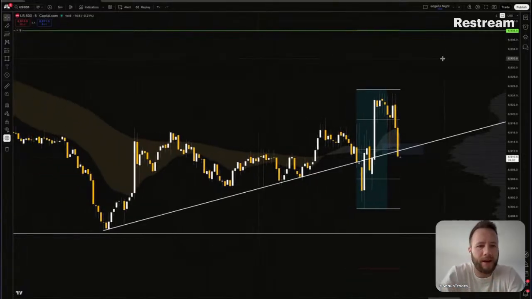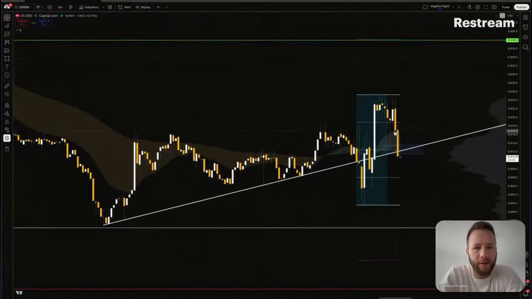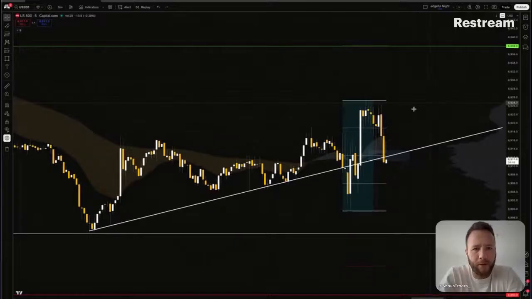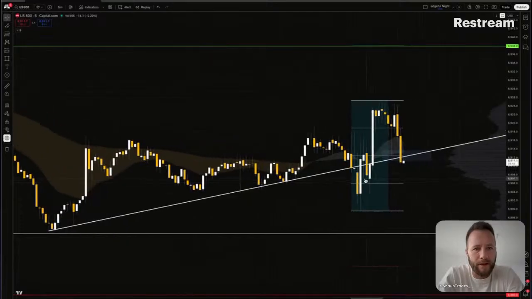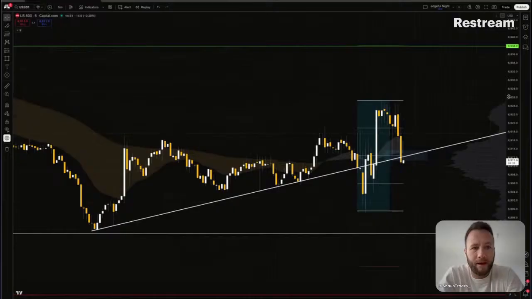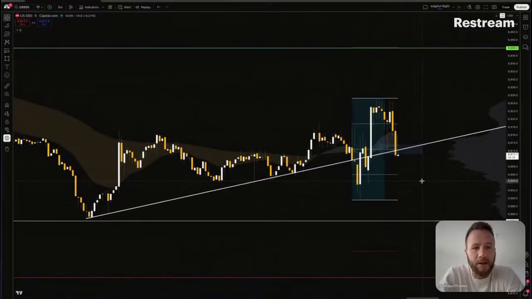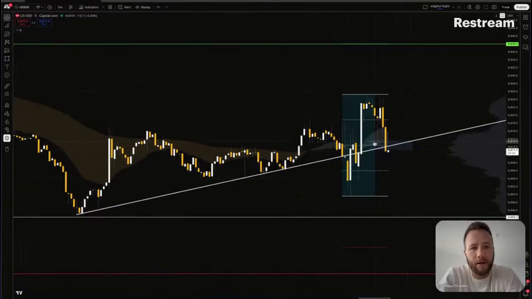So we are getting that break to the downside. We're going to have to see some buyers coming pretty soon, but that is a close below the trend line. But of course, the trend line is not perfect because it goes through all of these candles actually. But none of these candles are a clean break, which is why I've drawn it there. Now, of course, you could get into this potentially, and then we're at the 50% mark to the upside and have a stop loss all the way down here.